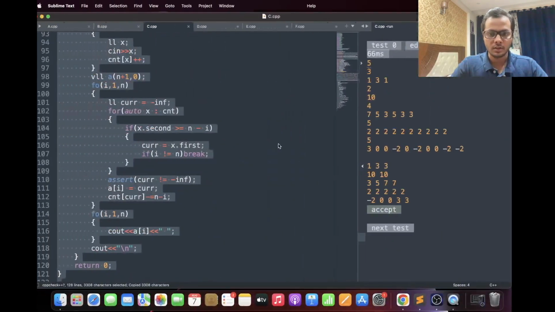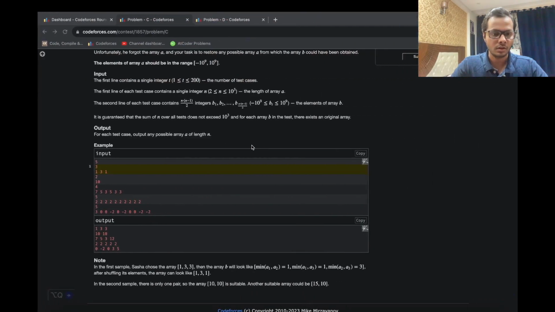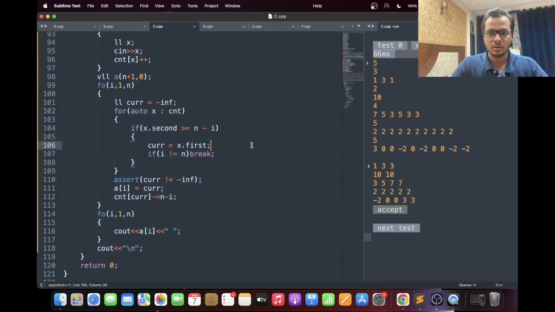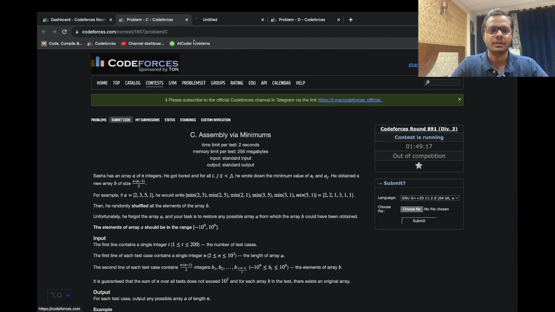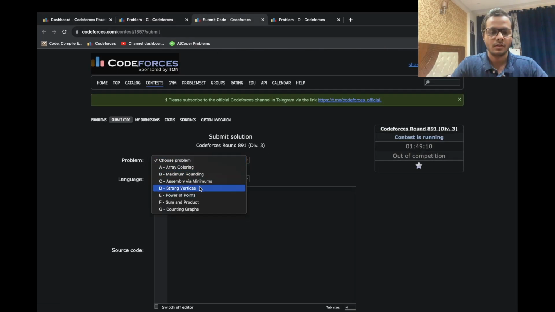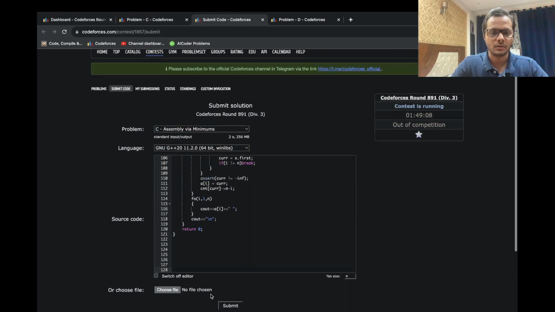Yeah, that sounds about right. Oh, maybe it doesn't even matter because the last element can be literally anything. But yeah, let's submit this. Should work.